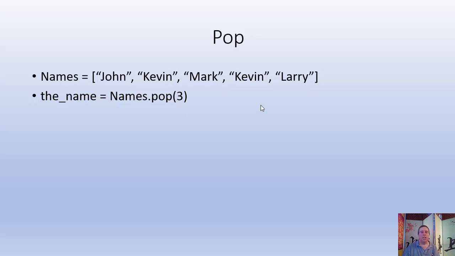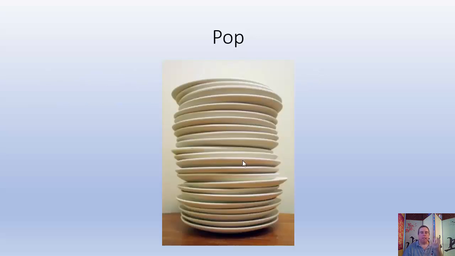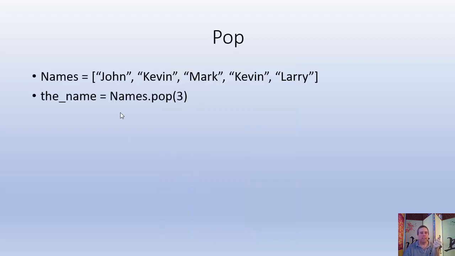Now, just like with plates, when you grab the plate, you are holding a plate. So you have that plate. So this does 2 things. One, it will get rid of the third item. Which one's the third item? This is 0, 1, 2, 3. So it will get rid of this Kevin. Notice there's 2 Kevins. That's okay.